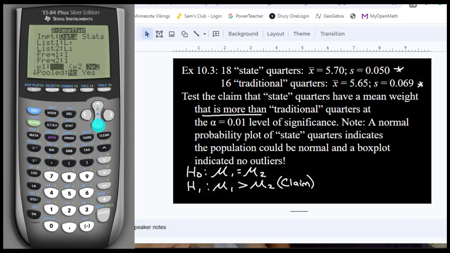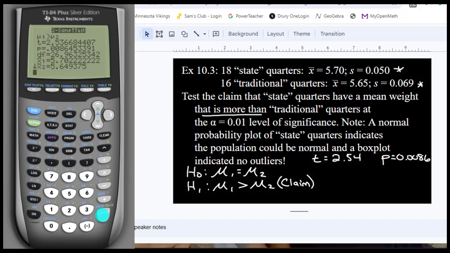We want mu sub 1 to be greater than mu sub 2, and it was already highlighted from before. It is not pooled. We're going to calculate. We hit enter. And notice our t value is equal to 2.54 if we round that off. Our p value is equal to 0.0086.